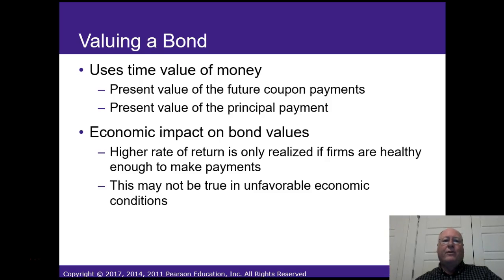and in excess of 12 months, it'll be a long-term capital gain. When you're valuing a bond, and this is important to understand, bonds use the time value of money. So you're always going to be looking at the present value of whatever the future coupon payments are.